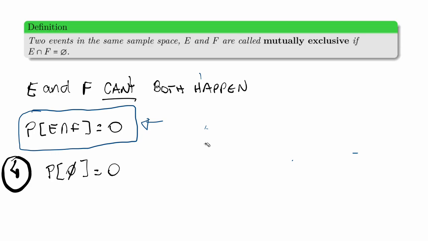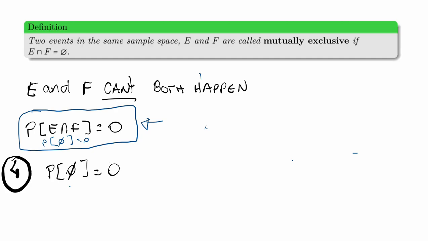They never happen together, so the probability of the intersection is 0. So E and F can't both happen. This intersection here is the null space, so this is the same as saying that the probability of the null space is 0, which is another property of probability. Okay?